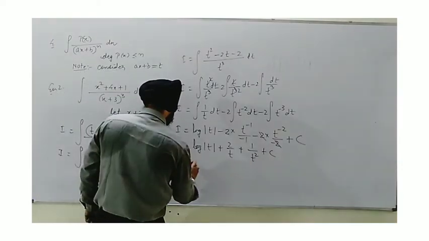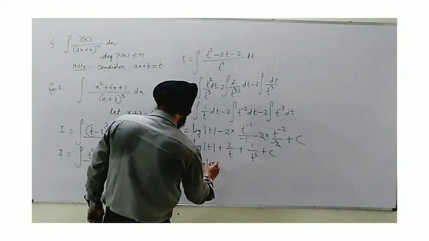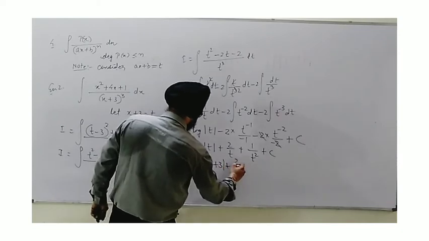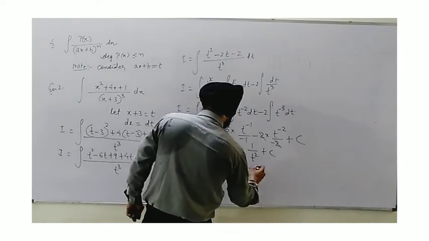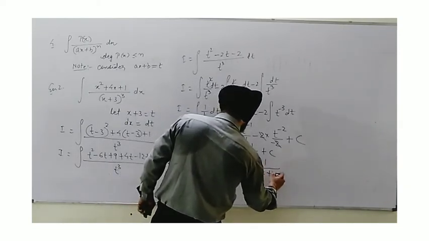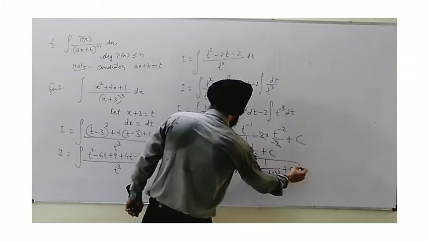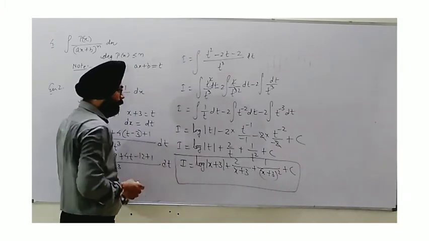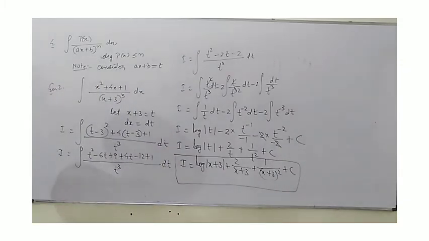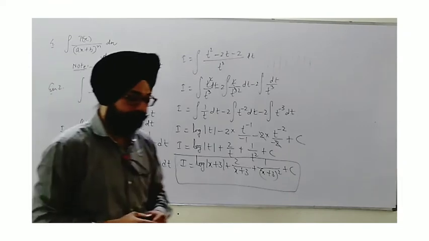So the linear polynomial when we write, we get log of (x plus 3) plus 2 upon (x plus 3) plus 1 upon (x plus 3) whole square plus c. This is the final answer. So these are the different patterns. One more pattern is there. We will see it next with a few questions.